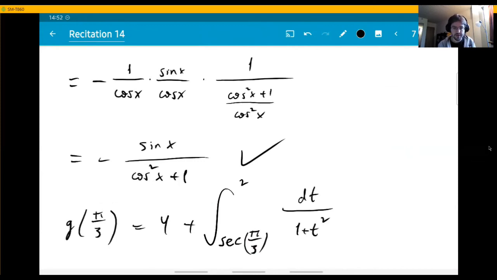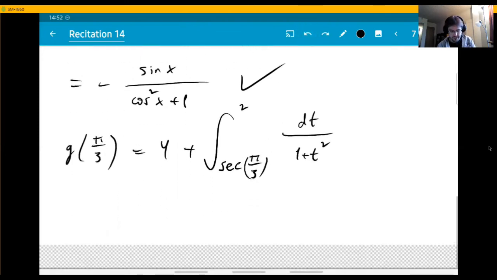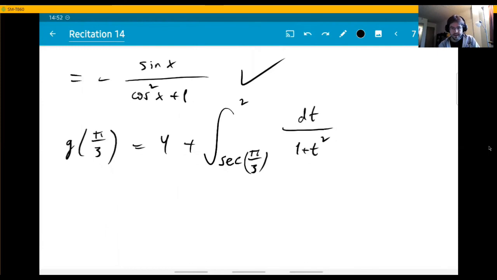Right, g of x was equal to 4 plus the integral of secant of x to 2, and then t is just a variable of integration. So you plug pi over 3 right where x was. So this is now just something that you have to compute. This integral, by the way, we don't know how to calculate the integral of 1 over 1 plus t squared in this course. It's the arctan function.